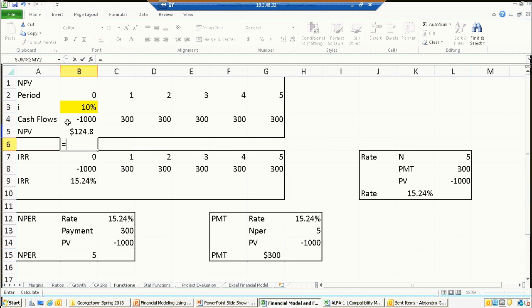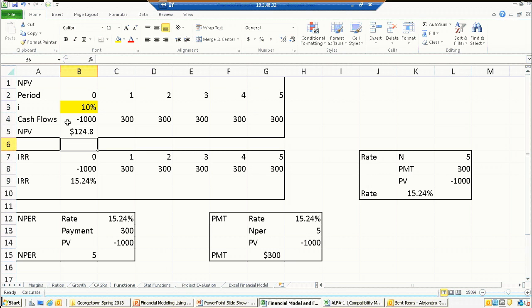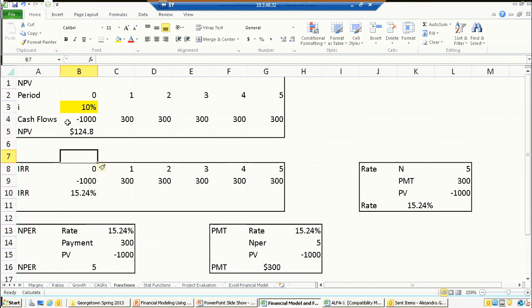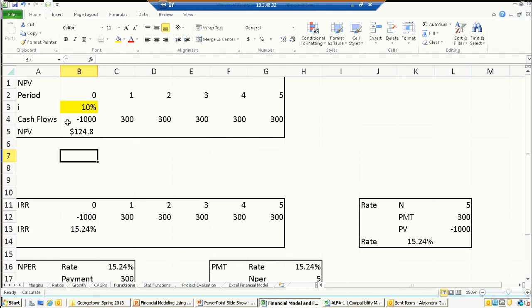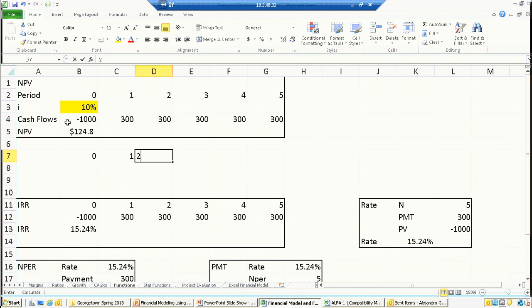So let's see. So NPV. Let's do the following. What I'm gonna do is insert some rows. So this is 0, right? 1, 2, 3, 4, 5.